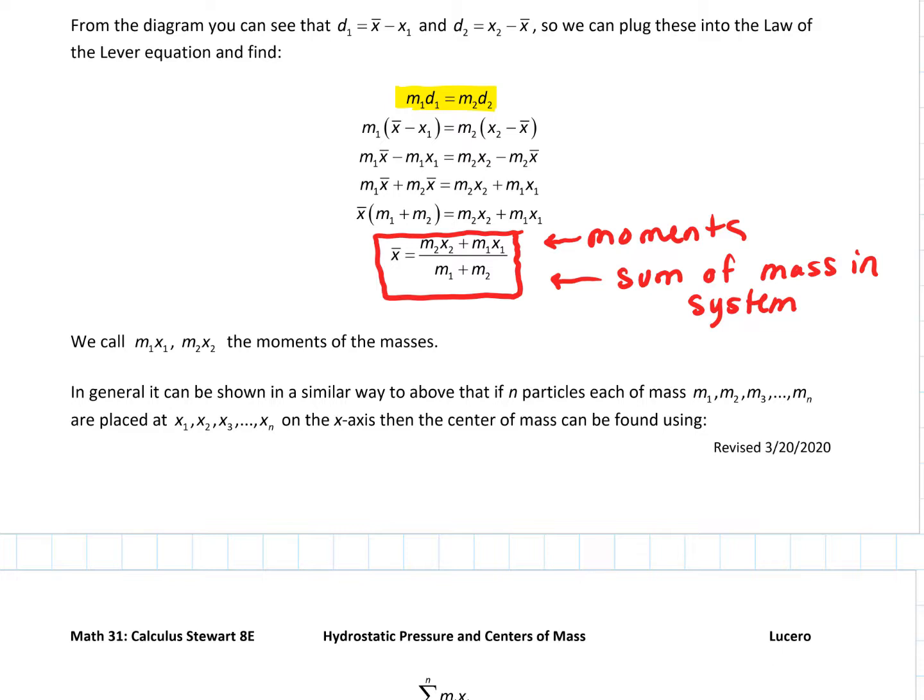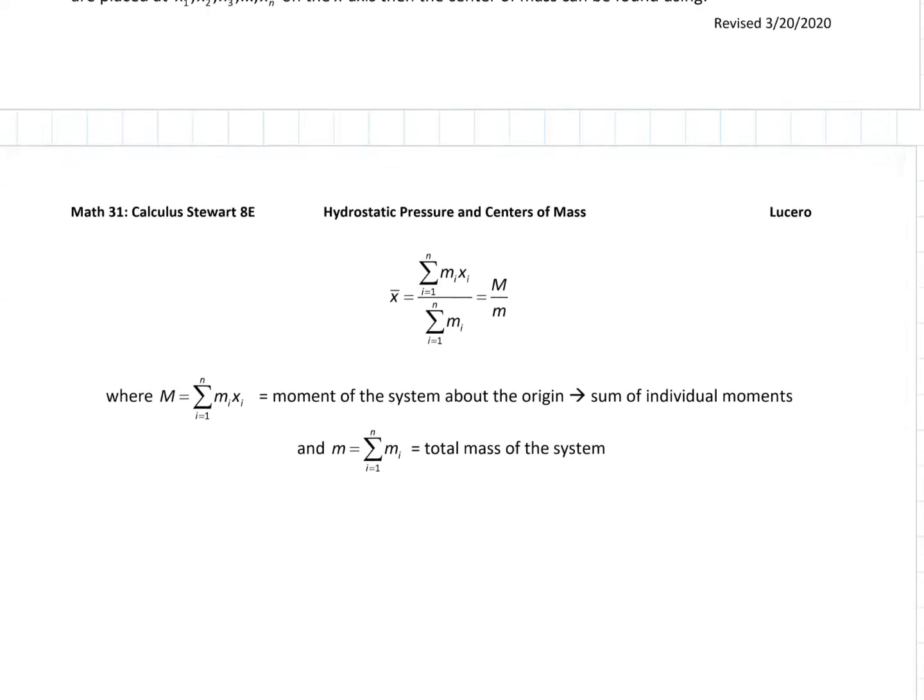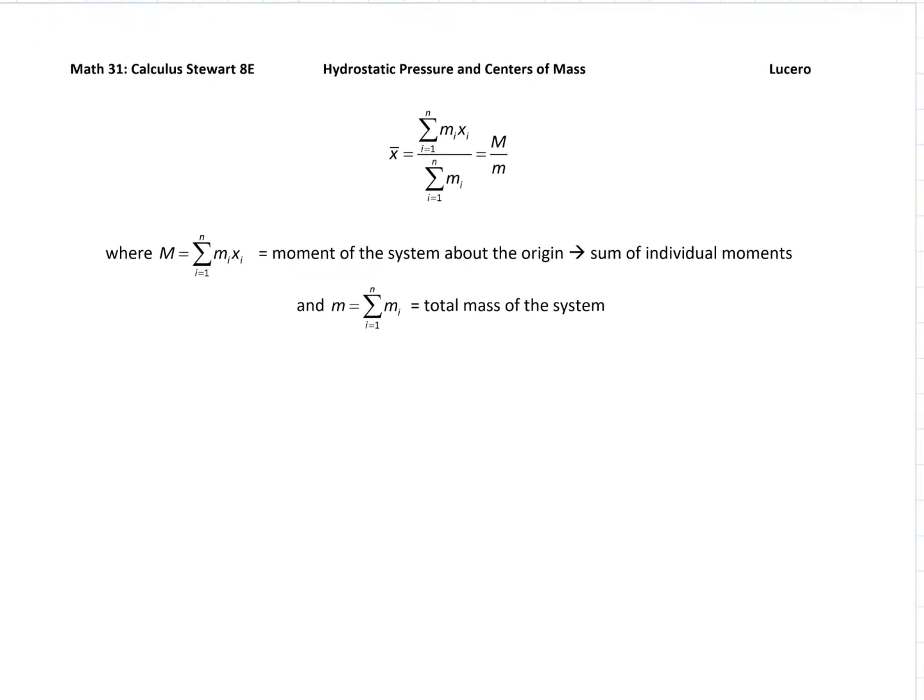Another way to say that would just be the total mass of the system. Okay, so just summarizing it here, X bar is equal to, with the summation notation, the sum from 1 to n of Mi Xi, and the denominator is the sum from 1 to n of Mi, the total mass in the system.